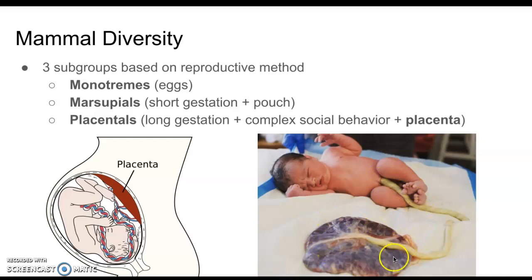So this is an example of what the placenta would look like. So when the baby gets delivered, the placenta also gets delivered. We placentals also have a complex social behavior, meaning they're the most advanced in terms of their behavior compared to other organisms out there.